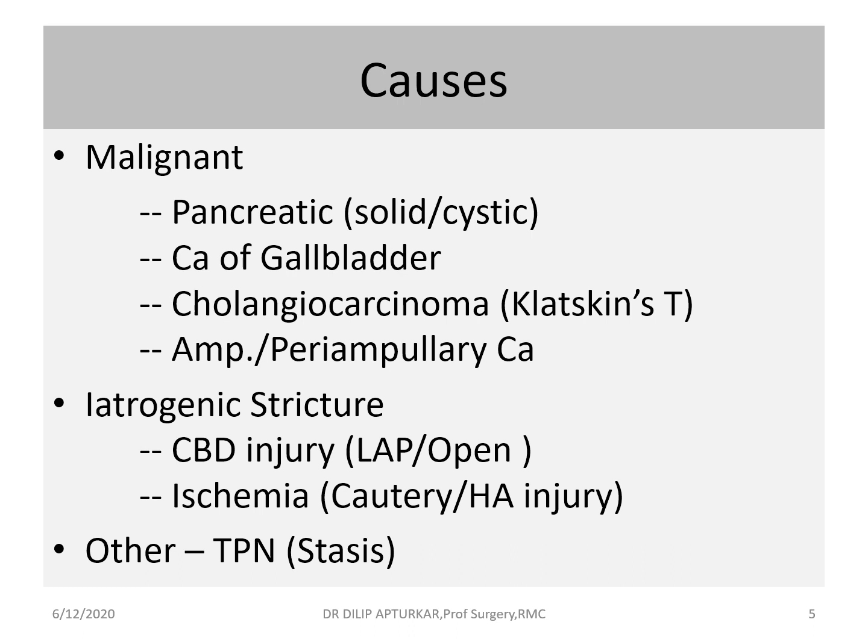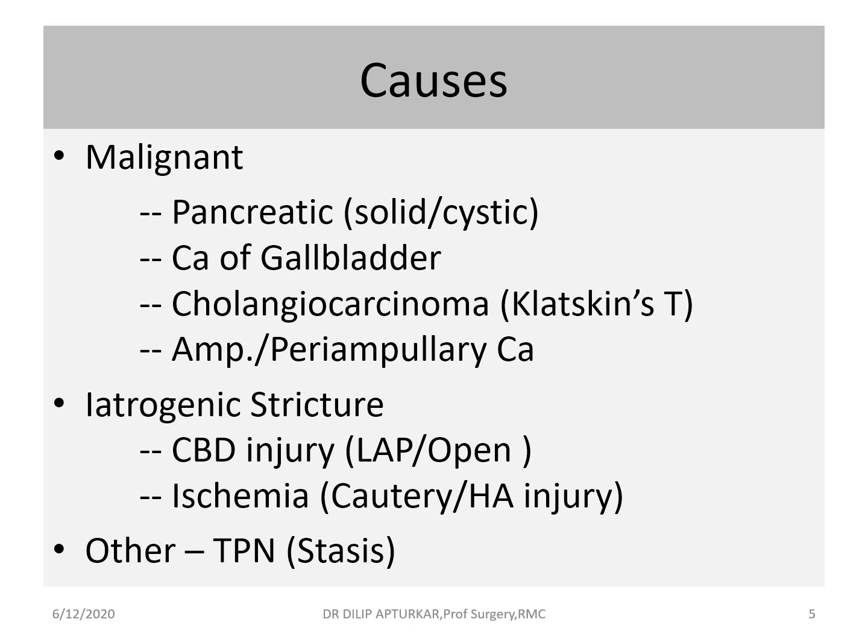Then malignant causes, any solid cystic lesion in the pancreas compressing the distal CBD or infiltrating the distal CBD, carcinoma of gallbladder, again infiltrating the CBD or compressing the CBD, cholangiocarcinoma, Klatskin tumor at the bifurcation of hepatic ducts, then ampullary or periampullary carcinoma.